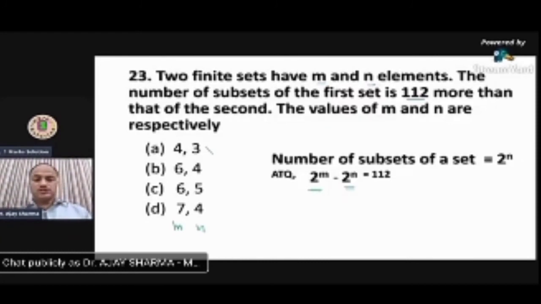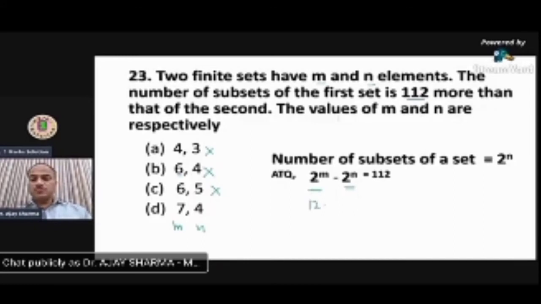So this is wrong. Obviously, if we put 6 for m, 2 raised to the power 6 is 64. 64 minus something cannot be 112. So these two are also not possible. Now the D option: when we put m equal to 7, 2 raised to the power 7 is 128.